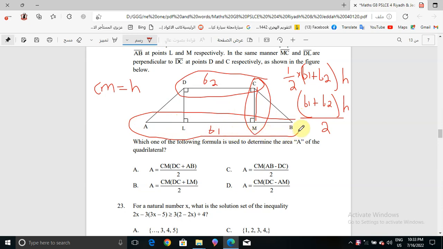So that means area is equal to height, which is CM, times DC, which is B2, plus AB, which is B1, over 2. That means this one is the correct formula for this question. So the correct answer for question number 22 is choice A.